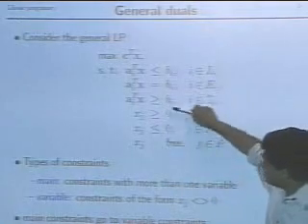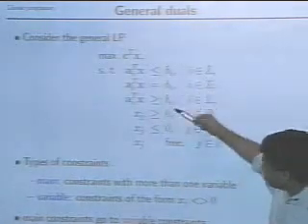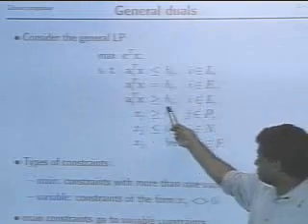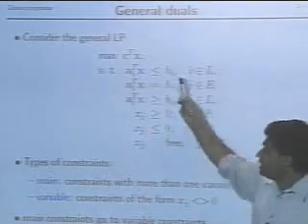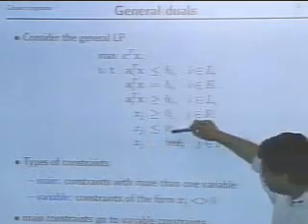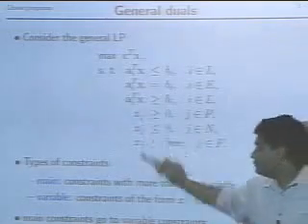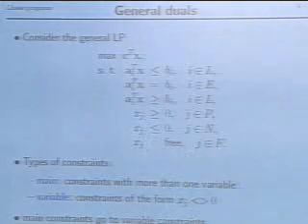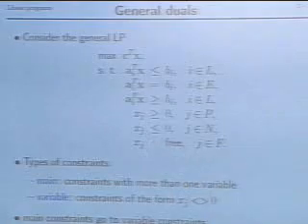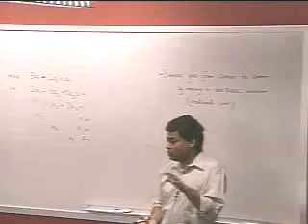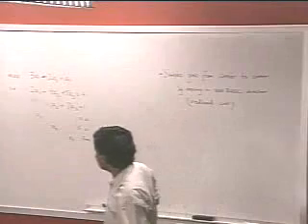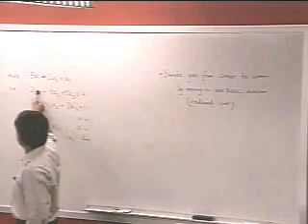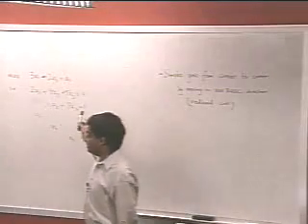Now, there is a difference between these kinds of constraints and the ones down here. You could pretend that this is a constraint which looks like this one, and that's a constraint which looks like that one. But the special thing about these constraints is that they involve only one variable. So typically when you take duals, you separate the constraints into two sets. One set we'll call main constraints, because they involve multiple variables.